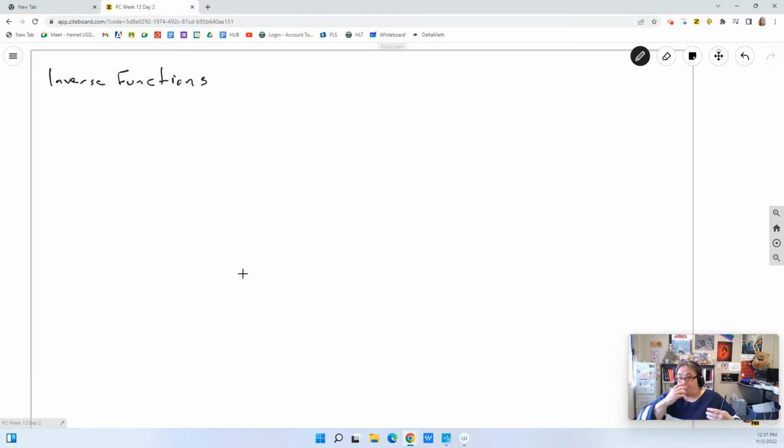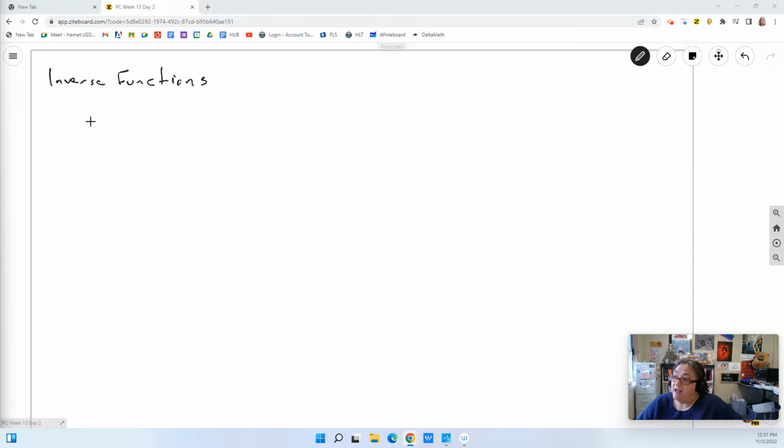When we're talking about inverse functions, basically what we're doing is swapping the domain and range, technically, when we're dealing with inverse functions.